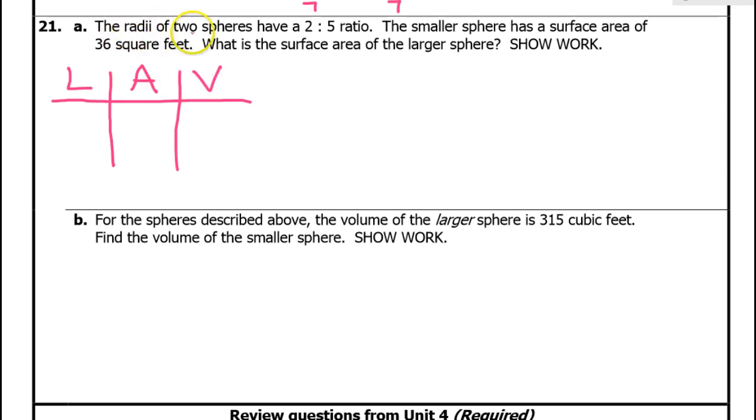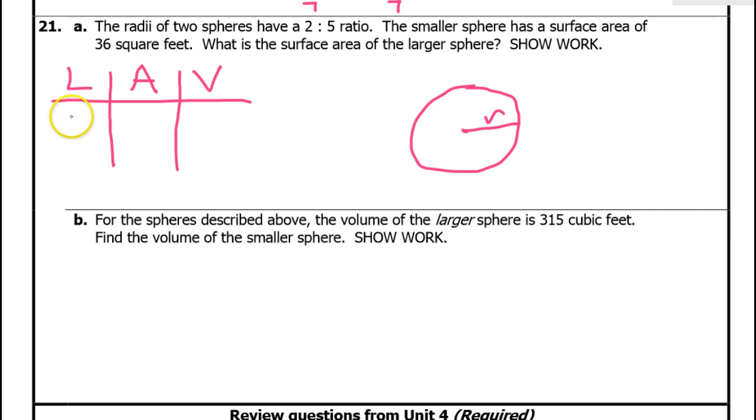So they gave us the ratio of the radii. Radii is the plural of radius, so we're just talking about this length right here. So the radius is a length, so this is a length scale factor.